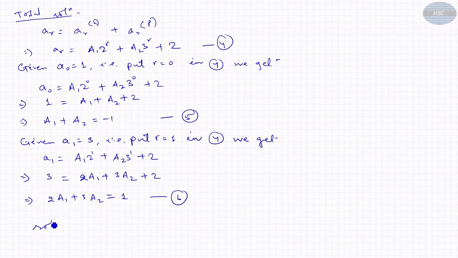Okay, so solving 5 and 6, you can have equation 5 as a1 plus a2 is equal to minus 1, and 2a1 plus 3a2 is equal to 1.